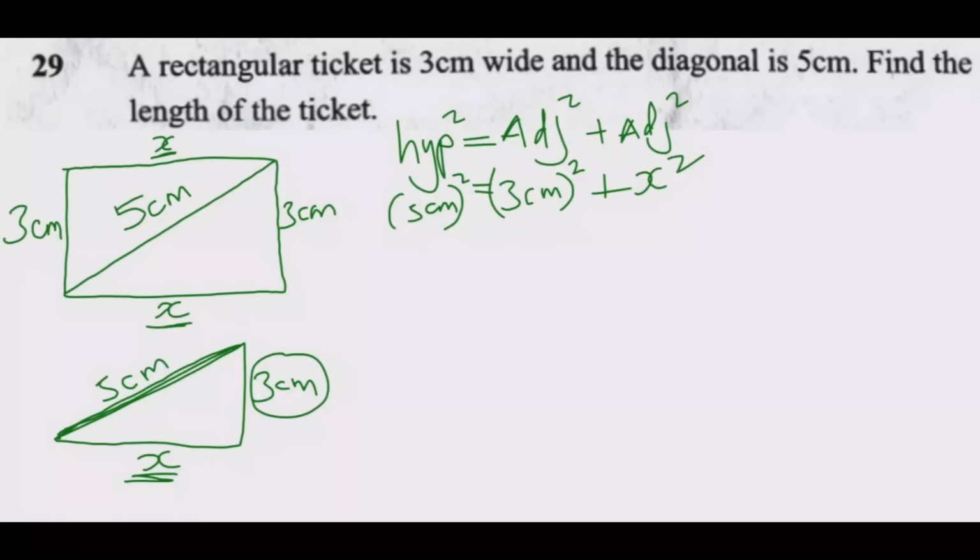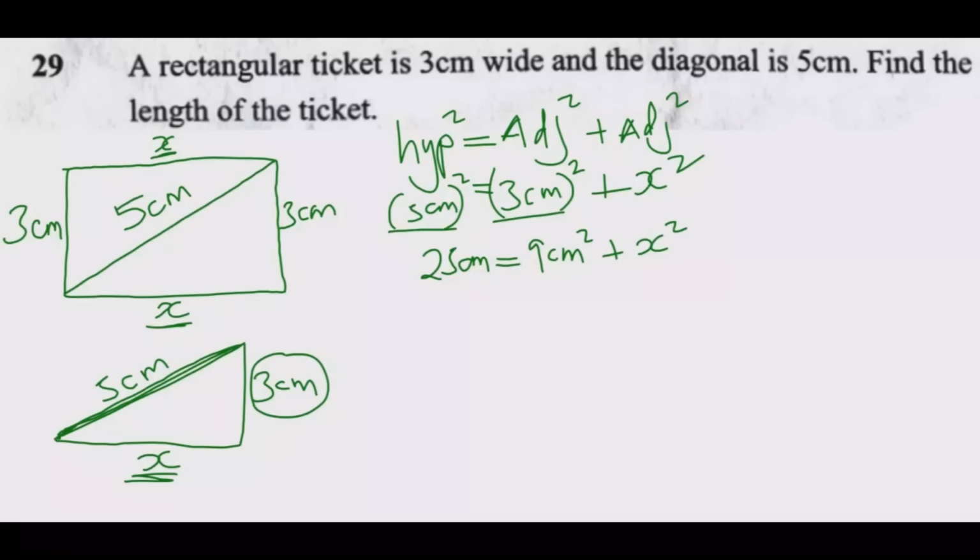Okay, so we find the value. 5 centimeter squared will give us 25 centimeter squared, which is equal to 3 centimeter squared, which gives 9 centimeter squared, plus x squared. So I've just evaluated these which are in brackets.